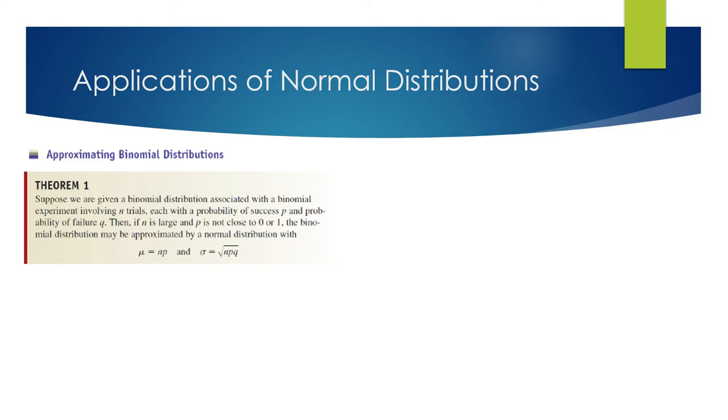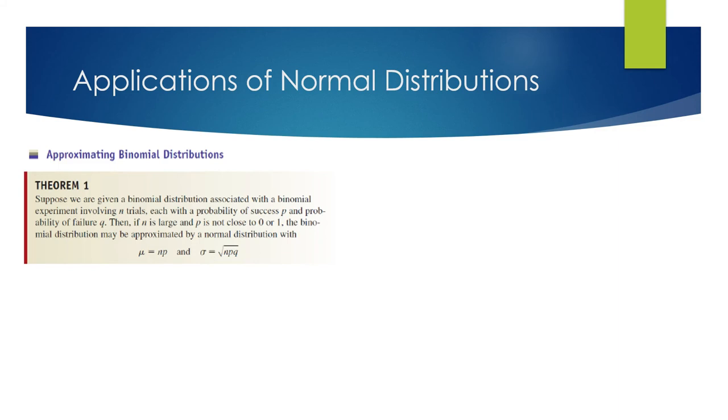You can use that as the mean and standard deviation for a binomial distribution to approximate the probability rather than calculate each of the probabilities using the formula we used earlier in this video, because those calculations could be somewhat daunting.